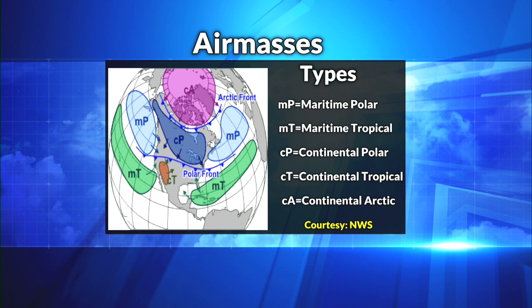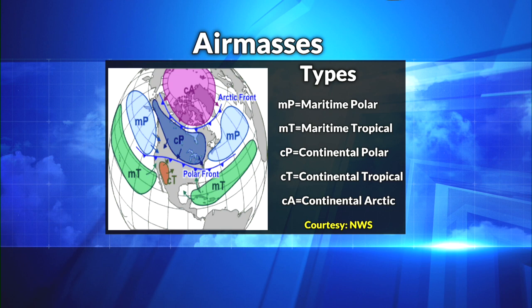To a greater or lesser extent, these air masses stay over certain parts of the world, and they pick up the characteristics of that part of the world. For instance, you see that purple at the top there, right at the North Pole. Air masses that hang in that area you would expect to be cold, and while there is ocean there, it's mainly dry and ice, so it'll pick up cold and dry conditions.